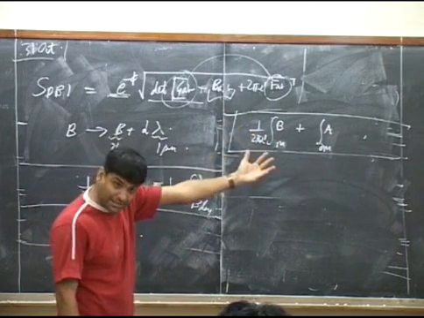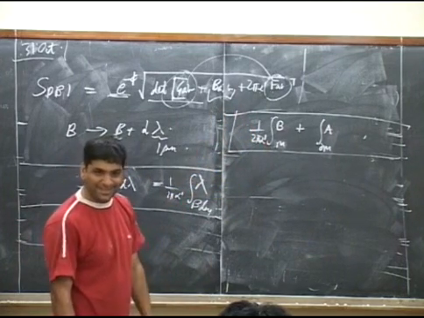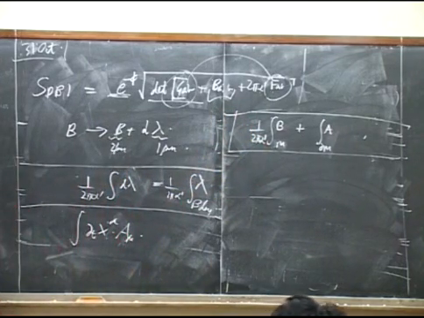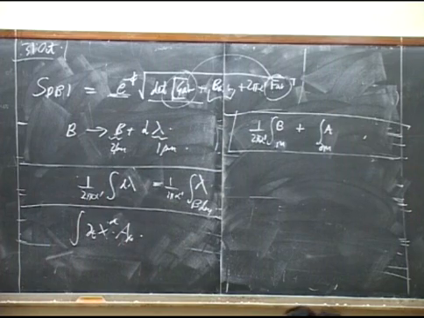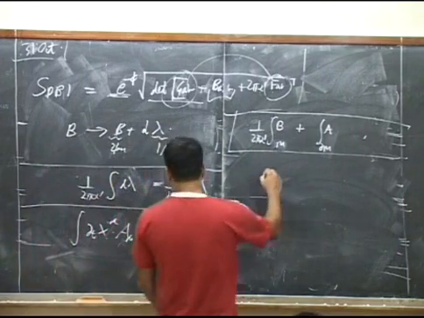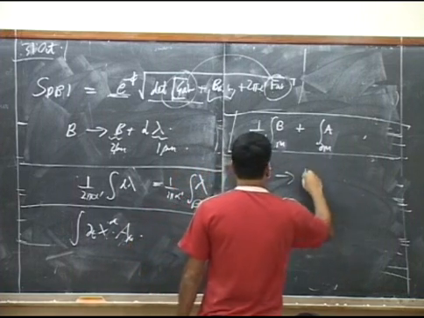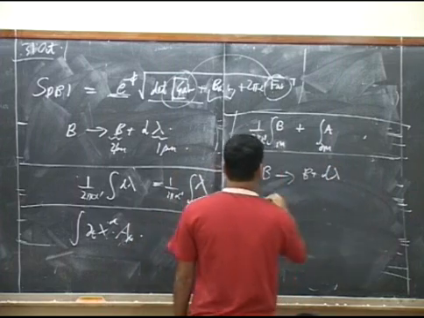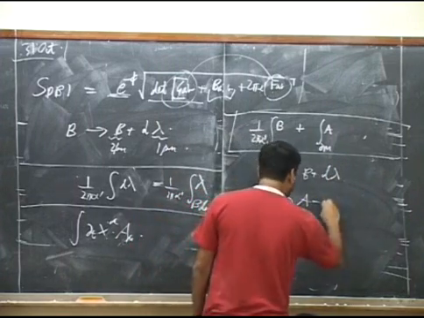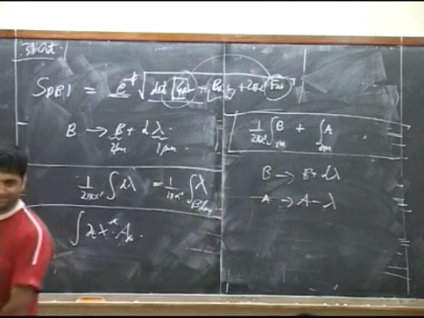Is there an invariance in open string theory? Okay. In open string theory, there is an invariance, and that invariance comes from B goes to B plus d lambda, A goes to A minus lambda. Remember, lambda is a one-form.